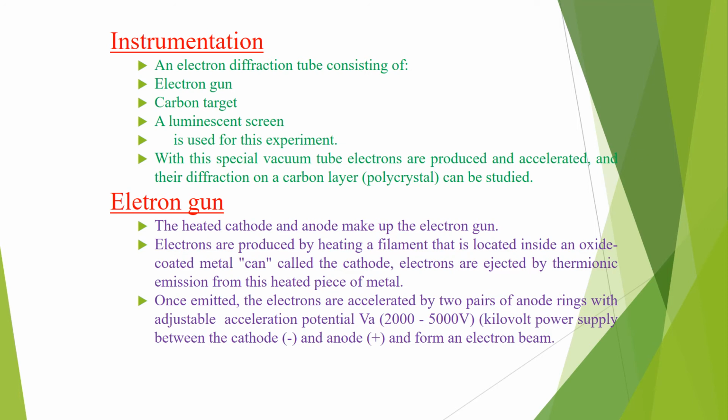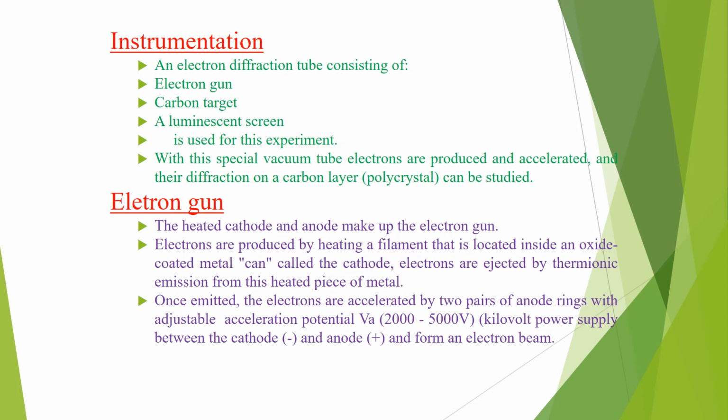Electrons are ejected by thermionic emission from this heated piece of metal. Once emitted, the electrons are accelerated by two pairs of anode rings with adjustable acceleration potential.